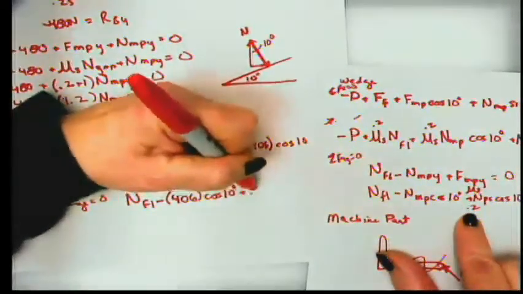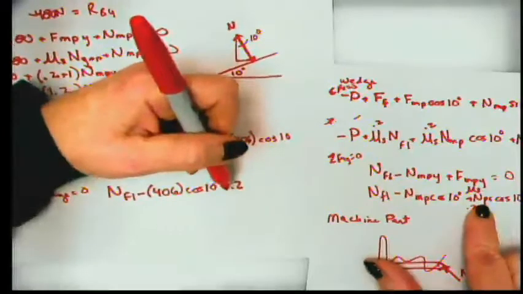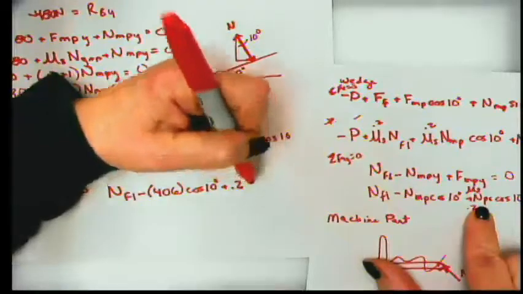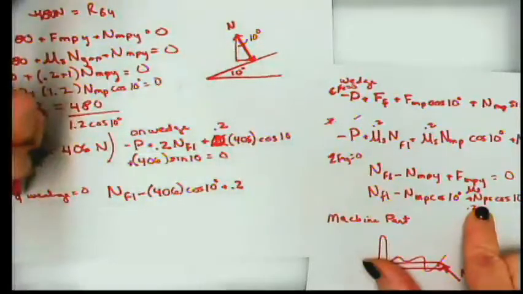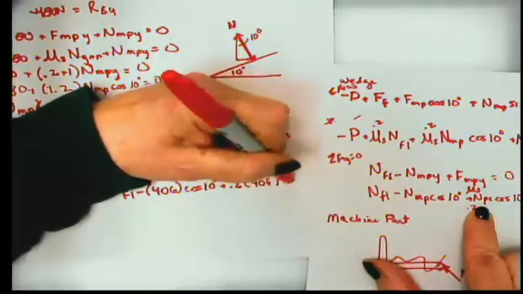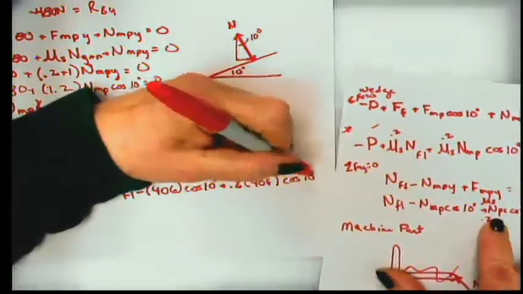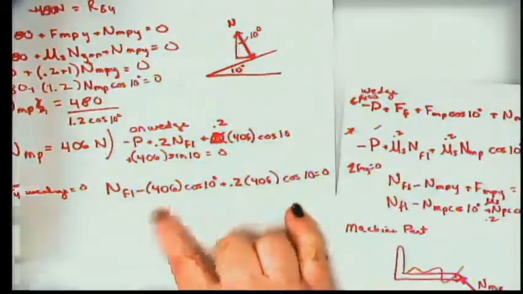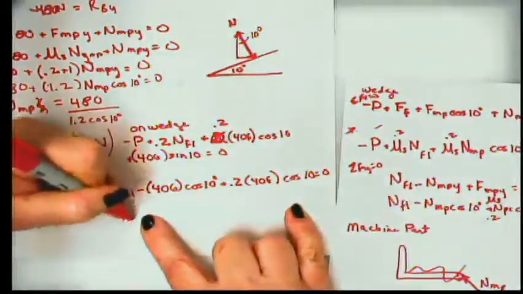Then we add to that 0.2 times the normal force between the machine part, which is 406, times the cosine of 10 equals 0. And look at that. We're ready to solve for the normal force on the floor.